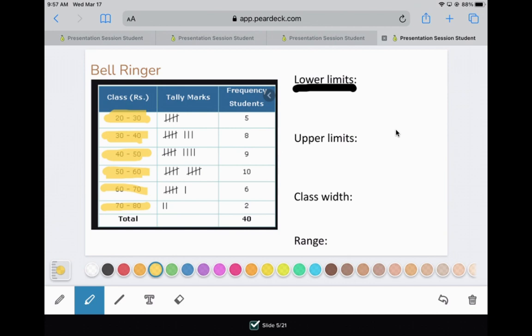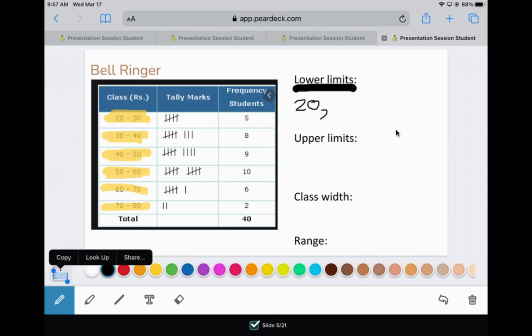The lower limit is the number in the front, the lower values of each class. So I'm going to list them out, which is 20. And then the second one will be 30, 40, which is the third class, 50, 60, and then the last one is 70. So that's the lower class limit.